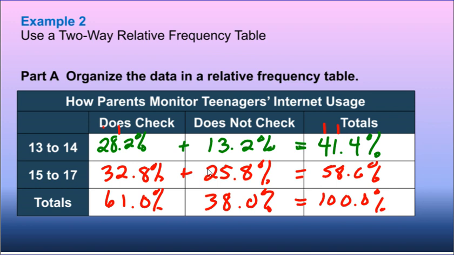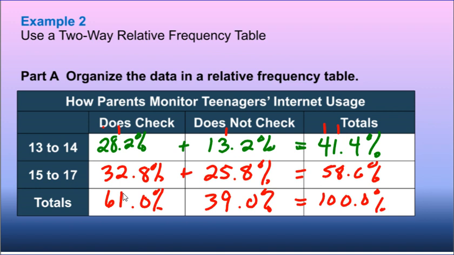No, I need to double check this. This one would be 62%. No, I was right the first time. There was 61. It's this one. Since I carry the one, I forgot to do that, so that would be 39. So 61 plus 39 gives you 100%.